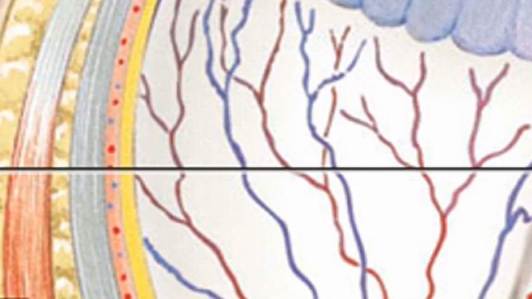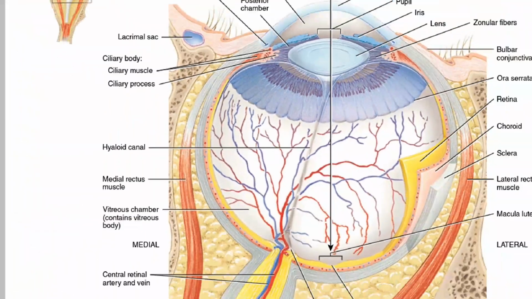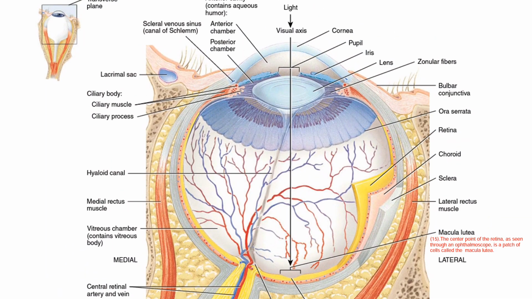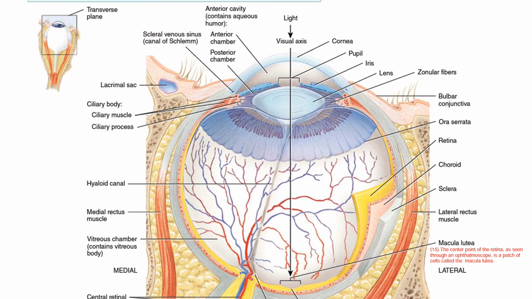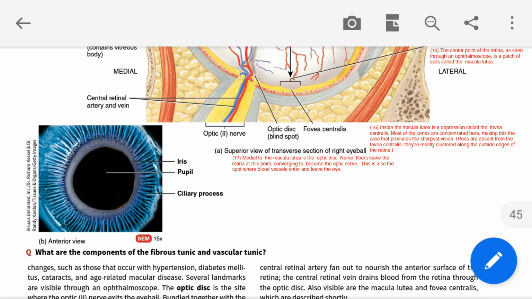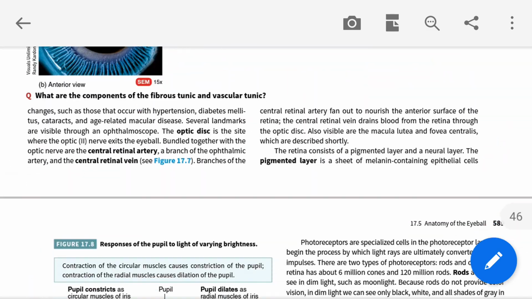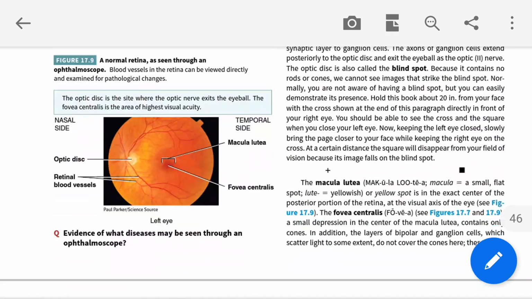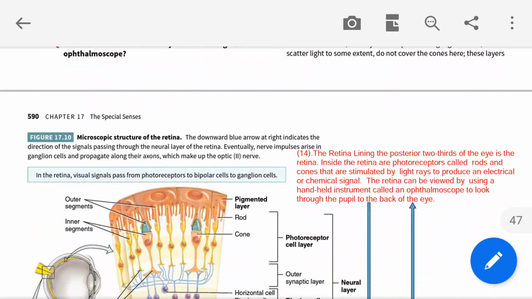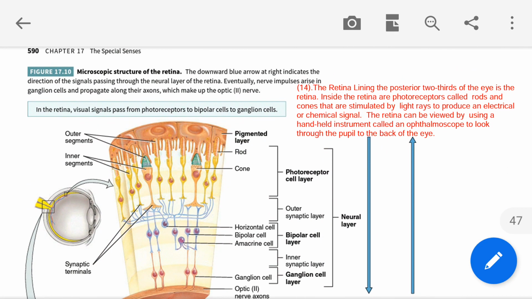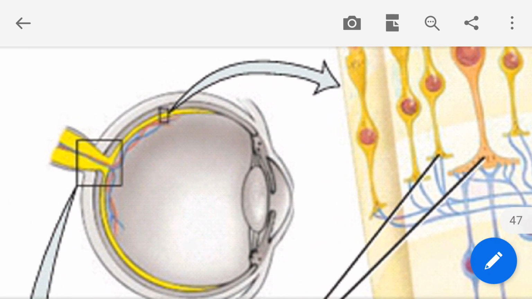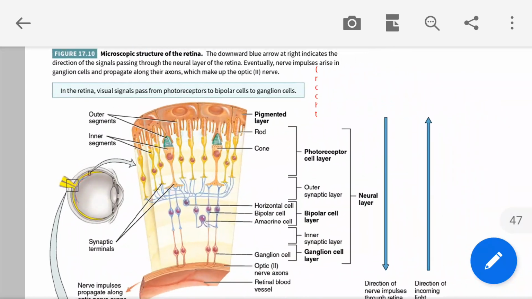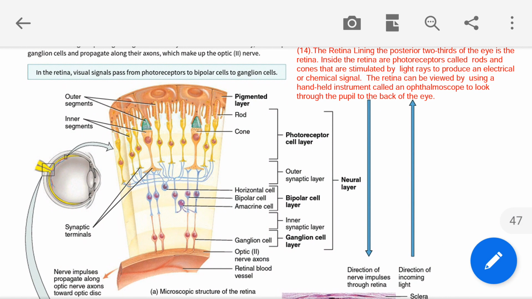Here also the yellow colored portion is the retina. Now here, see, this is the eyeball and the cells of the retina are shown over here.